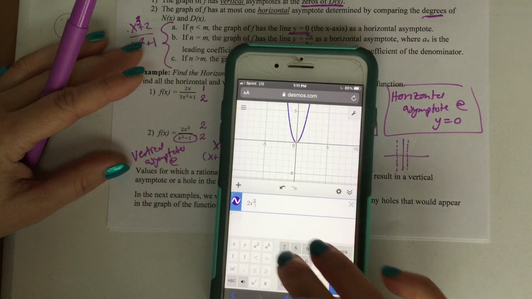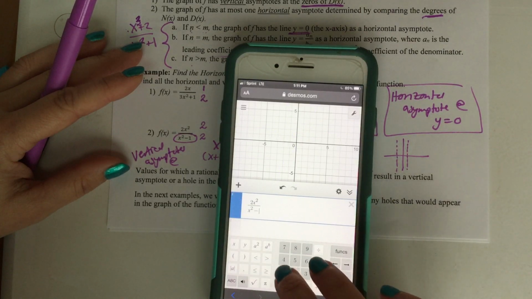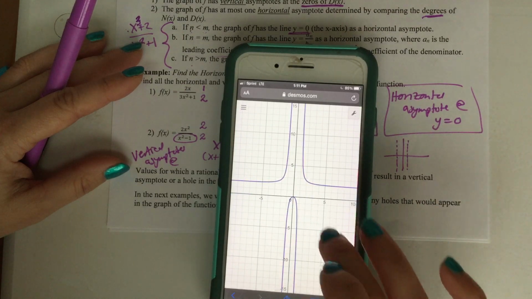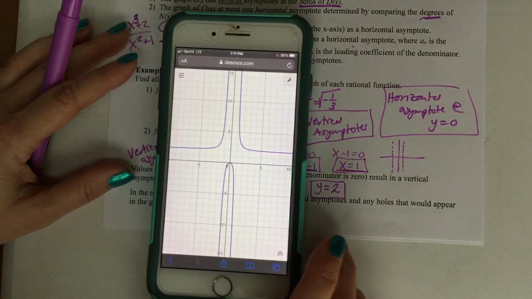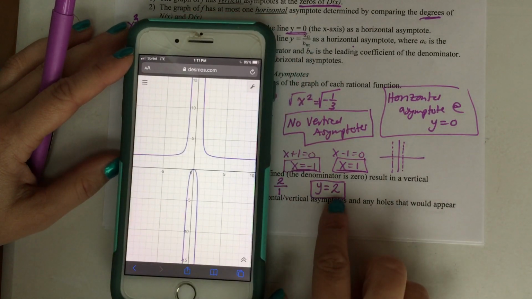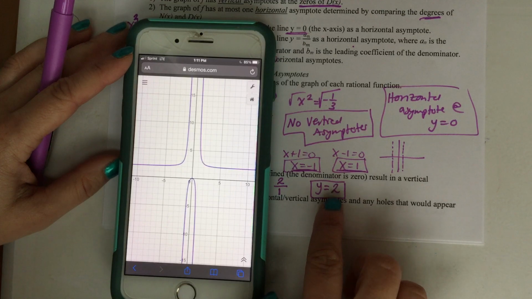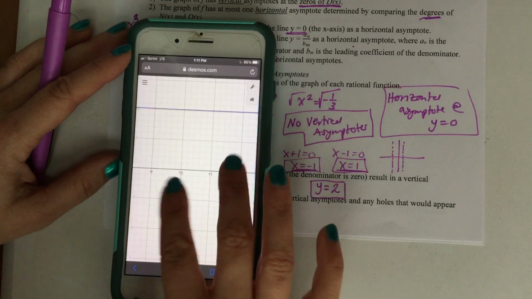So if I have 2x squared and I divide it by x squared minus 1, notice I should have asymptotes at negative 1 and positive 1, so those are vertical. Then horizontal, we said that it should get close to 2 as you're going all the way to the left and the right. Doesn't matter what's happening in the middle. As I go all the way to the left and the right, it should be approaching 2. And that is what I'm seeing.